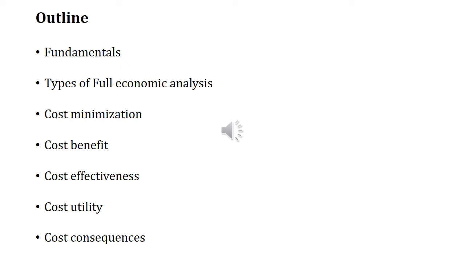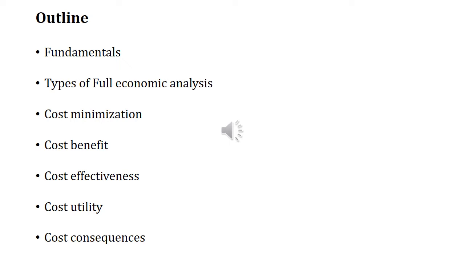So far we have known that pharmacoeconomics is evaluation of cost and consequences of the pharmaceutical products. But what are these costs and consequences is something we need to understand. We will learn types of costs and consequences in the fundamentals here.